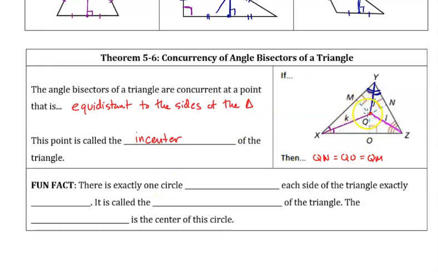And just like the circumcenter was the center of a special circle for this triangle, there is a special circle for this triangle that the incenter would be the center of. And that's the circle that intersects each side of the triangle exactly once. So if you were looking at this triangle, I could draw lots of circles that would intersect the sides multiple times.